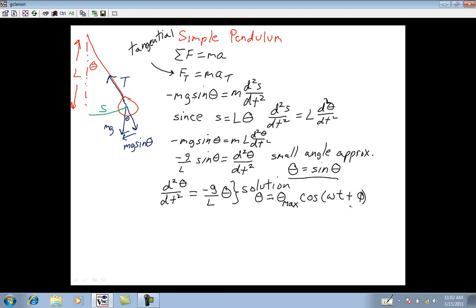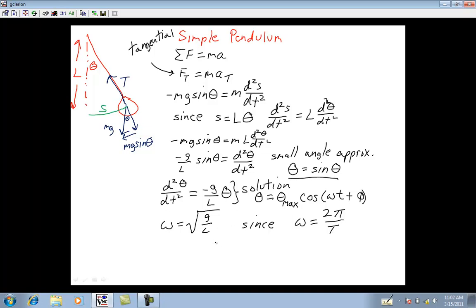Okay? And remember that from this, we also proved that omega would equal the constant in front there, which is omega over the square root of g over L. And since we know that omega by definition is 2 pi radians over the period, then we can set these two equations equal to each other.